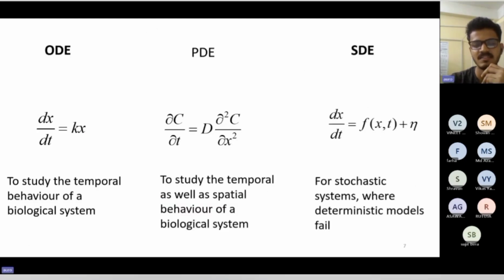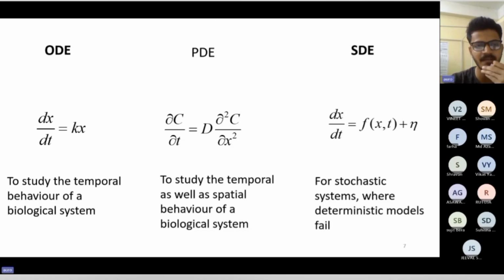So let's see some of the basics. The majority of mathematical modeling deals with differential equations, and mostly there are three kinds: ordinary differential equation, partial differential equation, and stochastic differential equation.